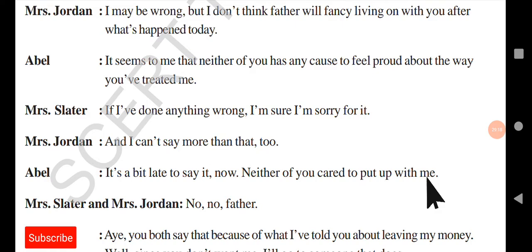If he passes away in the elder daughter's house, all of his belongings will go to the elder daughter only. So that's why they are now fighting. Looking at both of them, Abel Merriweather understood that both daughters only care about money, property, and things that the old man has, and they do not at all care to love their father and look after him. So that's why Abel Merriweather decided to go and stay with someone who loves him.